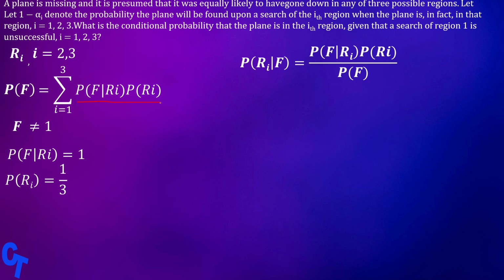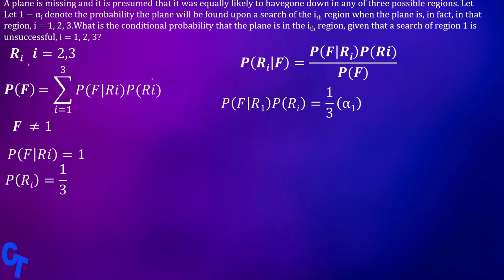So the first condition is going to be not finding the plane in region 1 when the plane is in region 1. The probability of not finding the plane in region 1 when the plane is in region 1 is going to be given by 1 minus alpha 1, times the probability of the plane being in region 1, which is going to be 1/3, right?